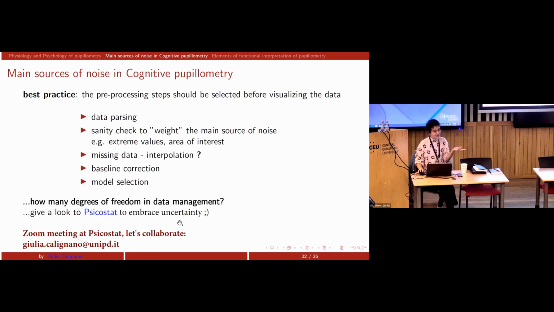So how many degrees of freedom are there in that management? And maybe you would like to continue discussing these, not just with me, but with other people more brilliant than me, and there's a place to do that. It's called Psychostats. I'm the lab manager of this group, an interdisciplinary group of psychologists, methodologists and statisticians.